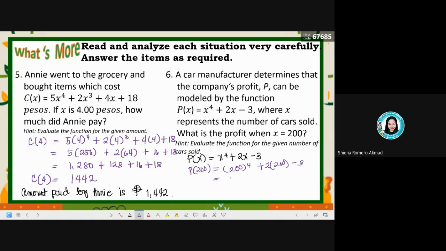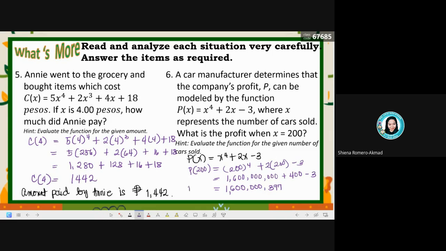So this is 1,600,000. Tama ba? Yan. Plus 400 minus 3. So that is 397. So 1,600,000,397.